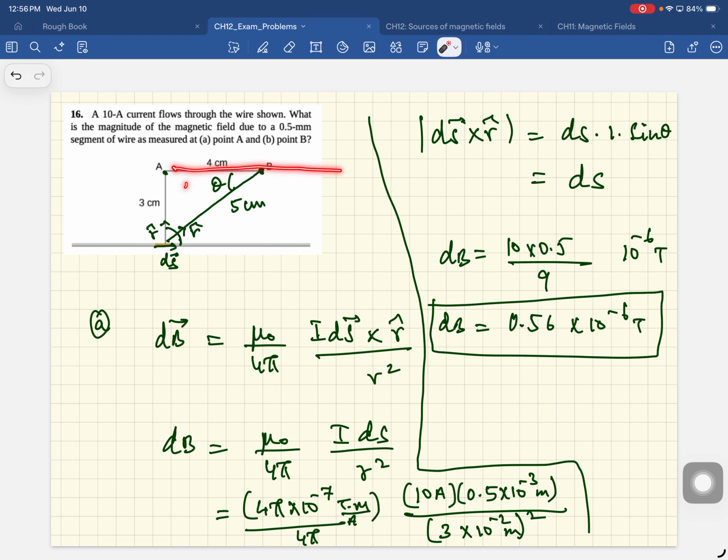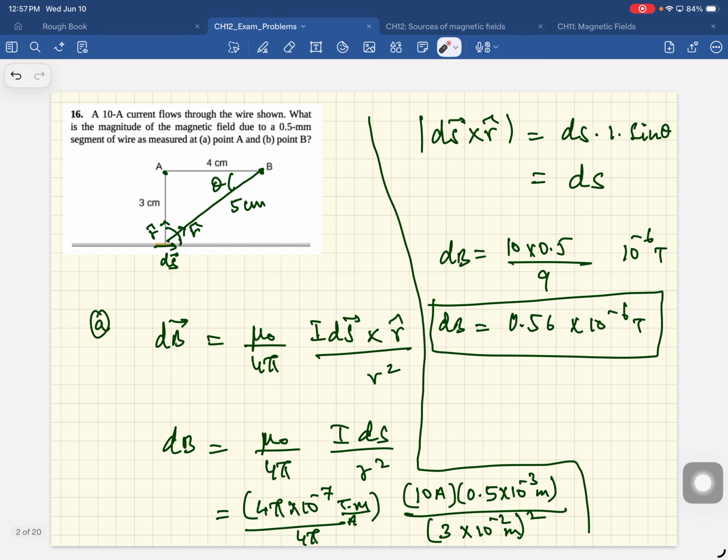Okay, what is the magnitude of ds cross r hat? You see they're perpendicular to each other. It's ds r sine 90. Magnitude of r hat is 1, so it's just ds. Okay.